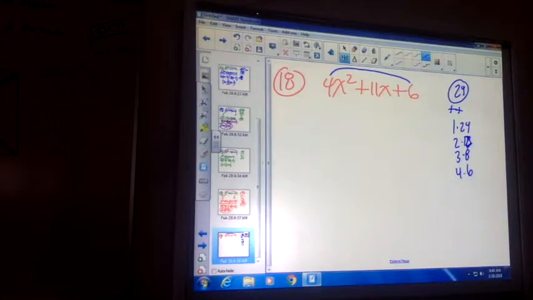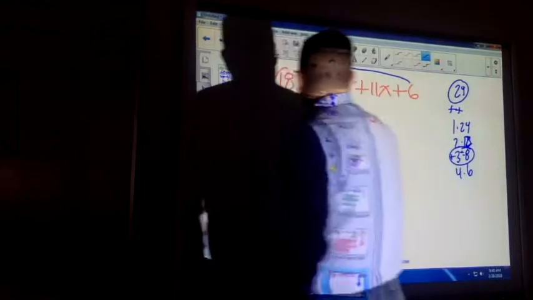Why did I do that? Because I'm looking for all the combinations of two numbers that would multiply to give me the 24. So if they're both positive, if I add these together, I get 25. That doesn't work. If I add these together, I get 14. That doesn't work. 3 and 8 works. It gives me 11. 4 and 6 gives me 10. So both positive. This comes down.